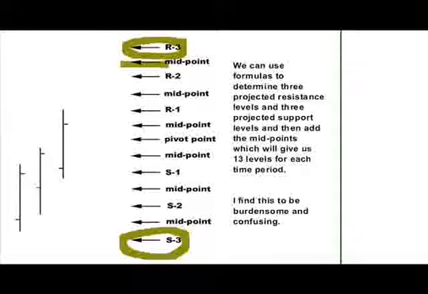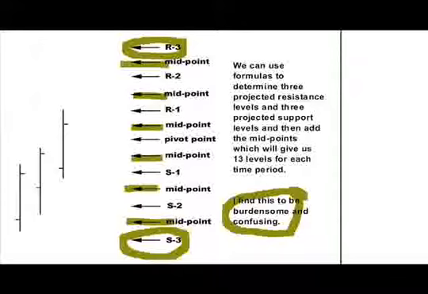They also have these midpoint numbers. And I just find that if you have all these numbers and lines across your screen, they are burdensome and without a doubt confusing. If you think about it, we would have 13 levels on your chart every day, week, month. If this was a daily chart and these were just daily numbers, you would have 13.